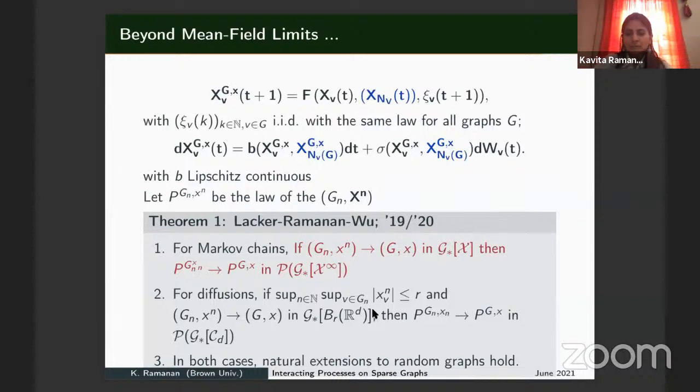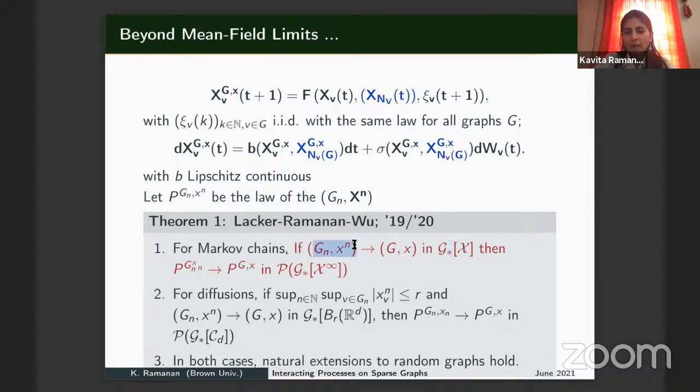I guess one question. When you say that you have natural extensions to random graphs, in many cases we know the random graphs converge. So can't you just apply the first or second? Yeah. I wrote this for the notation to be simple here, because here G_n^{x_n} is converging to G^x in G. So these look like deterministic graphs.